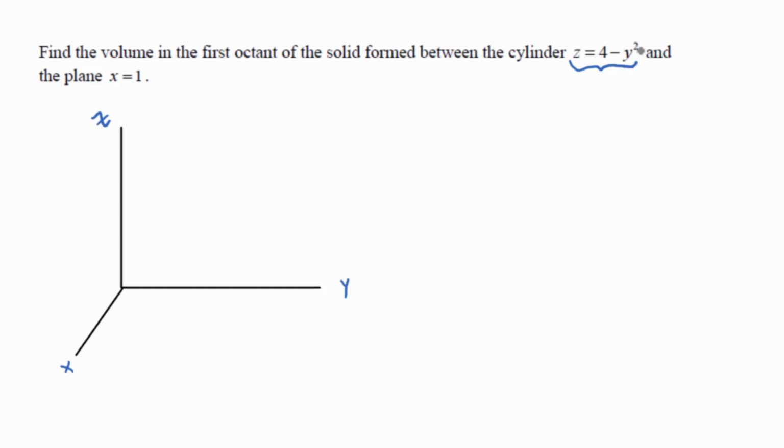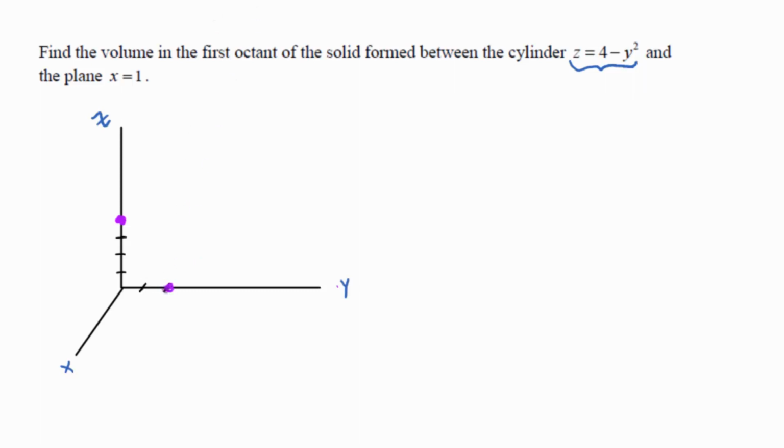So what would the vertex of this thing be? Okay, so in just the YZ plane, it'd be 0 for y and 4 for z, right? And then if you plug in 2 for y, you can get the y-intercept, right?